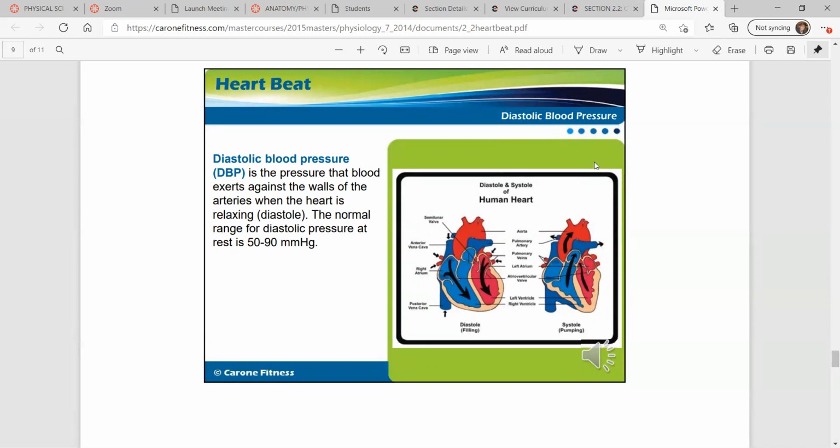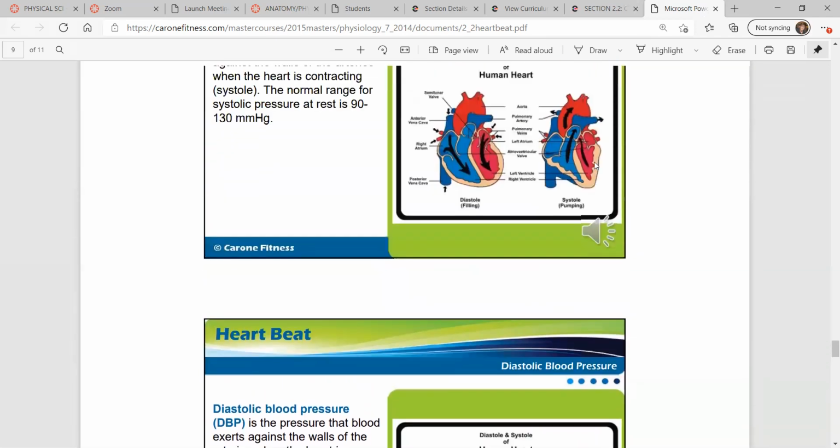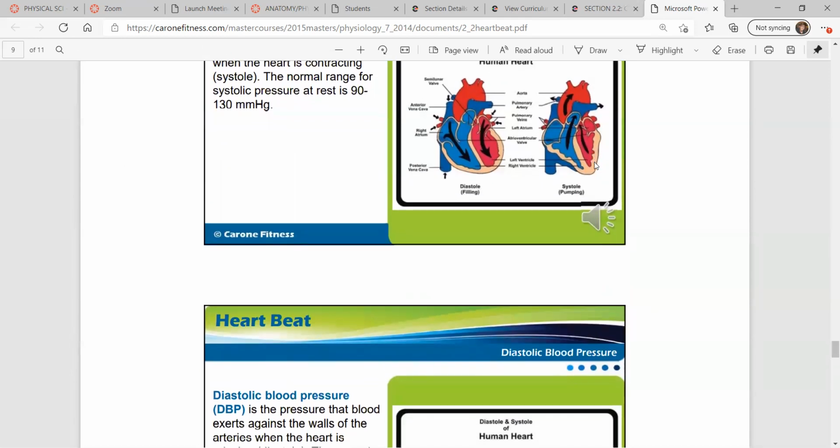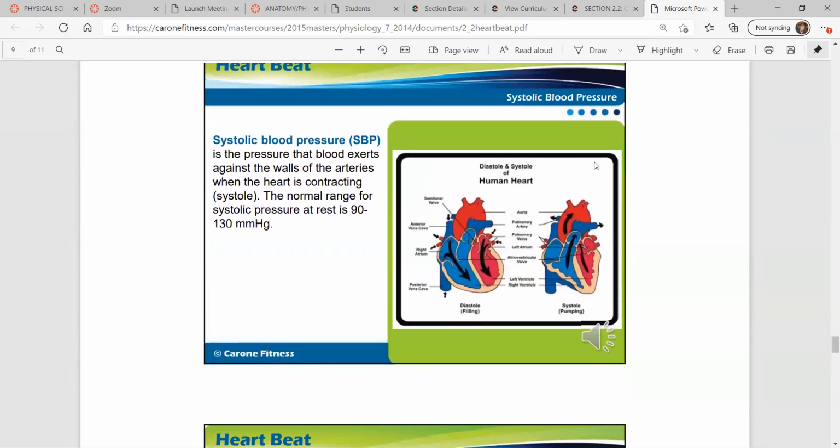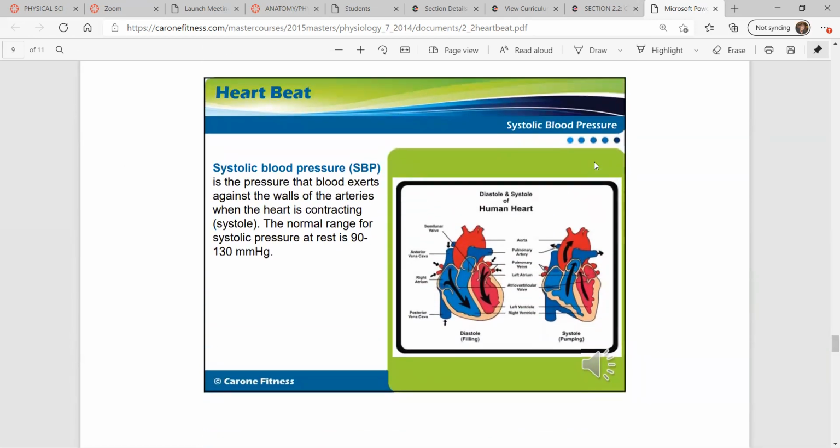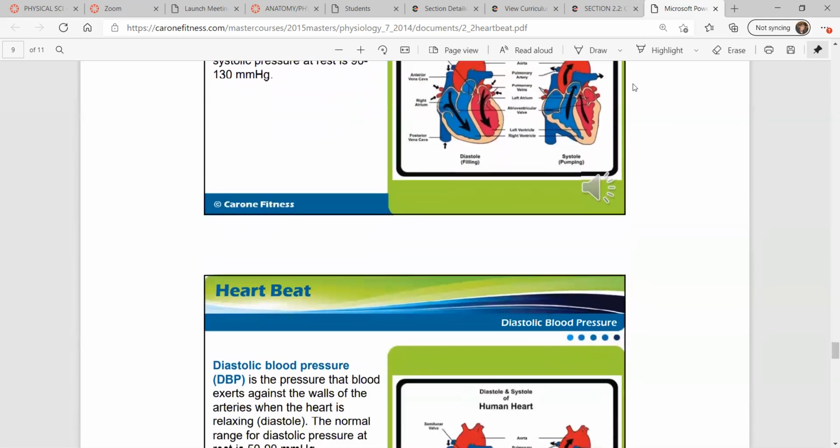Diastolic blood pressure, DBP, is the pressure that blood exerts against the walls of the arteries when the heart is relaxing, diastole. And that range for diastolic pressure at rest is between 50 and 90. So those are the numbers you should aim to have your blood pressure between for systolic and diastolic.